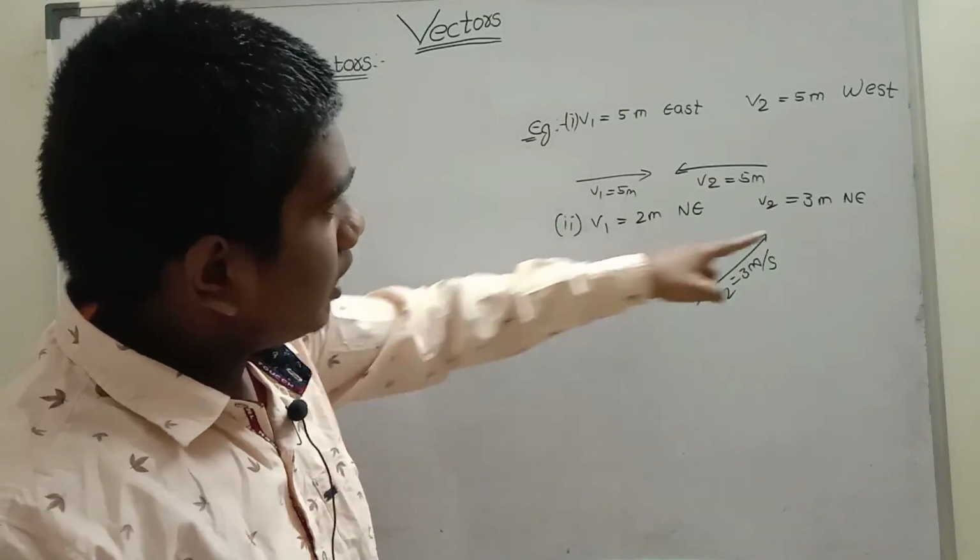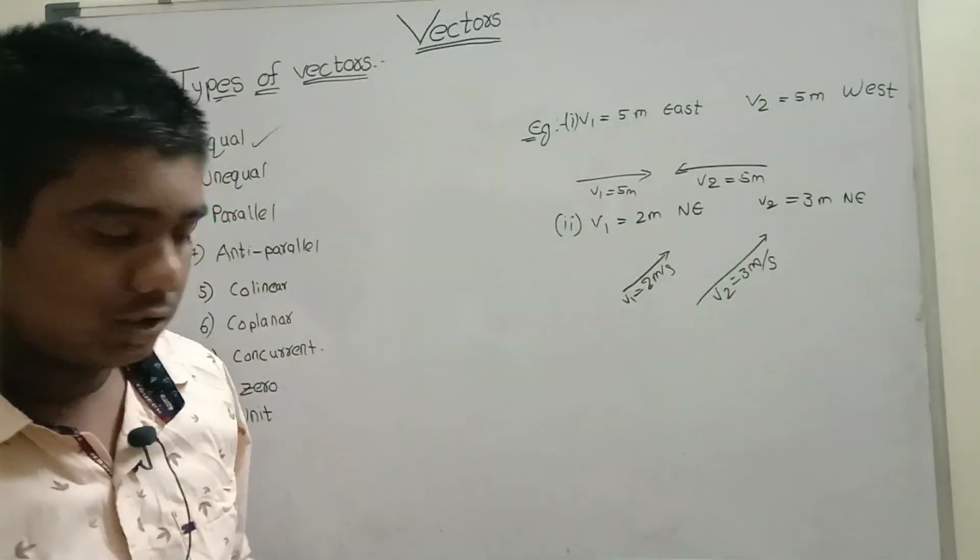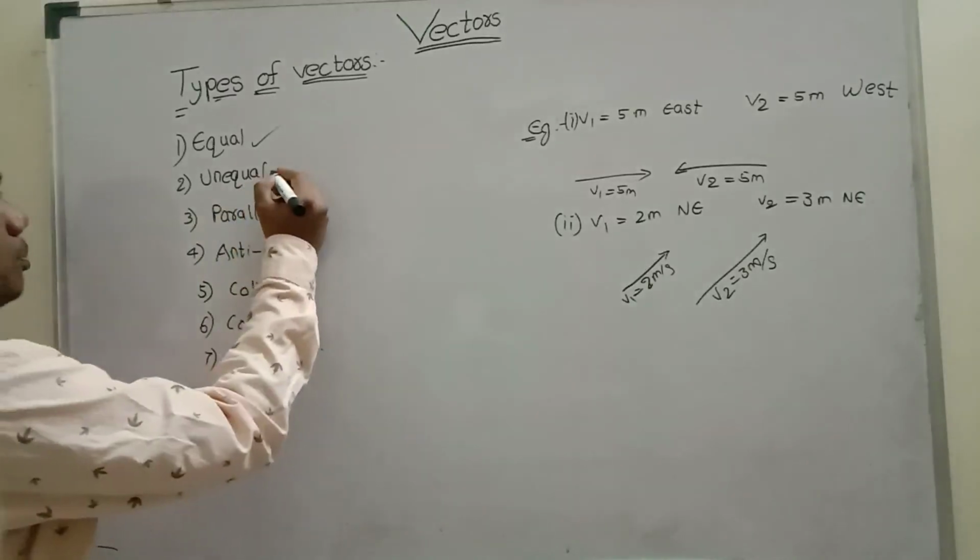Here 2 meter and here 3 meter. The magnitude is not the same, so these are unequal vectors. Now let us go to parallel vectors.